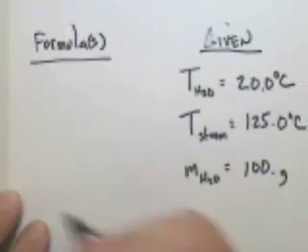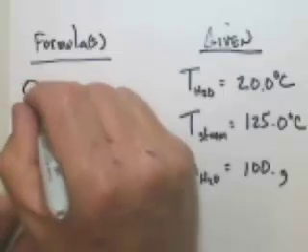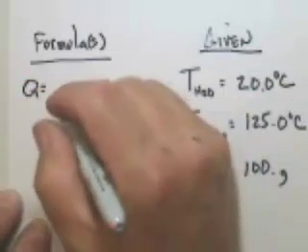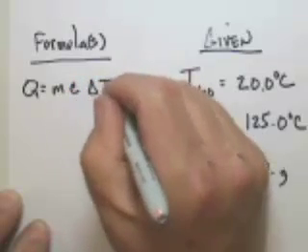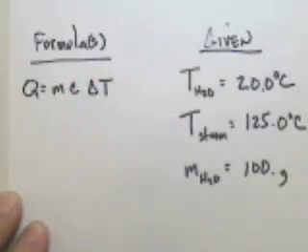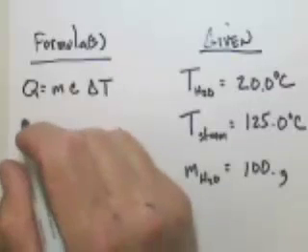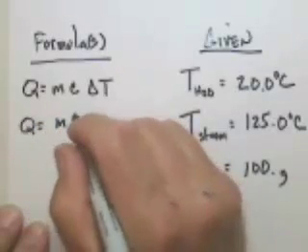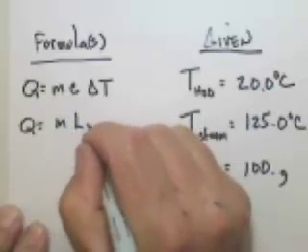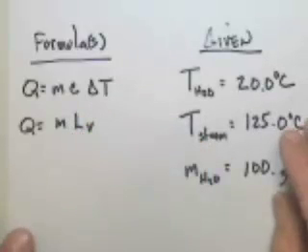Okay, we have 3. First of all, we're taking it from Q equals m c delta T. The second formula is Q equals m times the latent heat of vaporization, m of course representing mass.